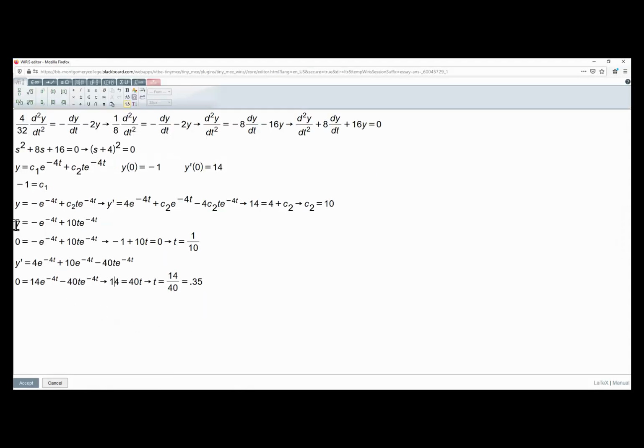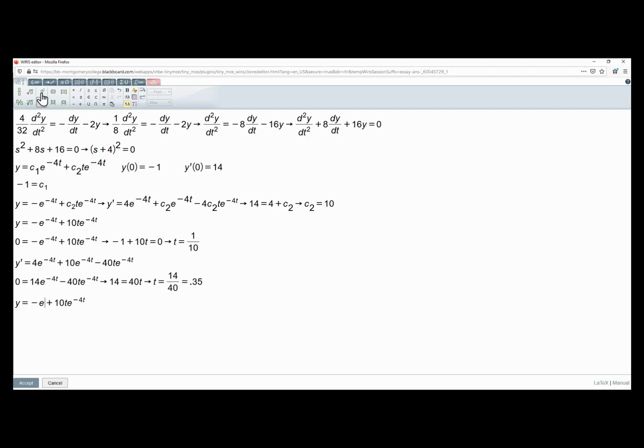So there what we have to do is simply take this value and substitute what? The time at which that maximum displacement will occur. So we got 0.35 here, right? Oh, sorry, not like that.